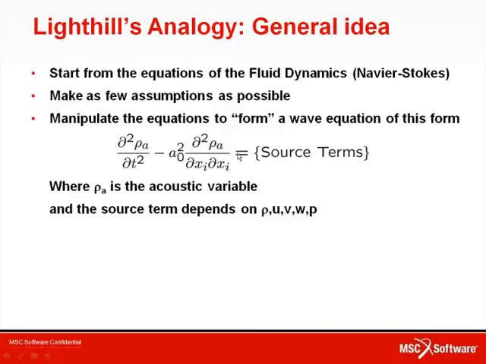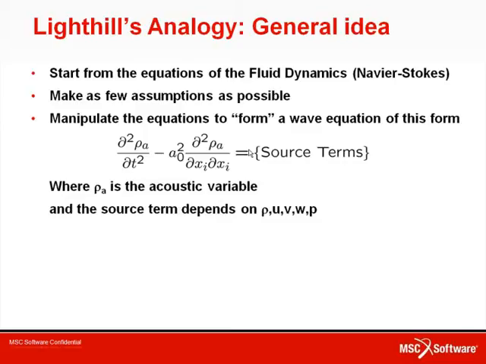And everything that is not part of this wave equation is put on the right-hand side and is considered as a source term. Doing so, the source terms depend on the different aerodynamic variables. And so after some assumptions like a high Reynolds number, a low Mach number and no entropy source in the system, the final source term, that is called the Lighthill tensor, only includes the density and the velocity.